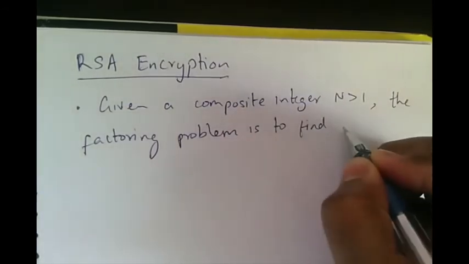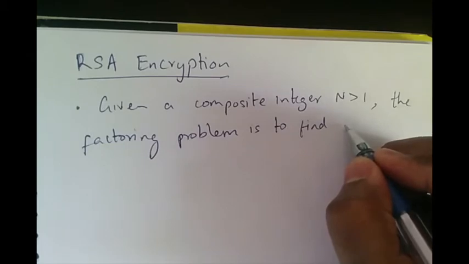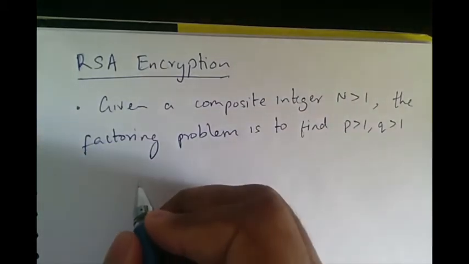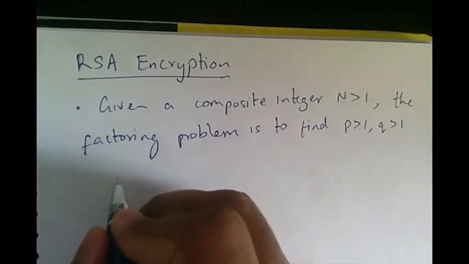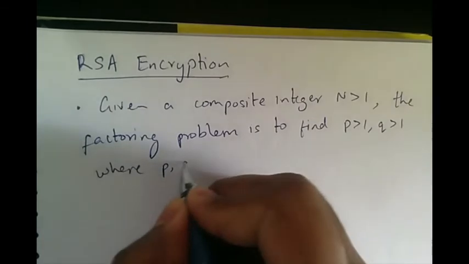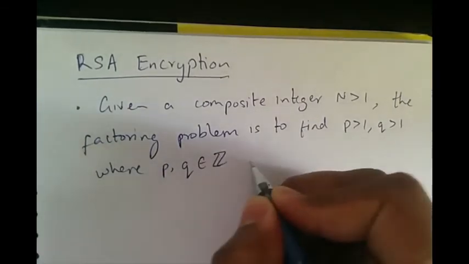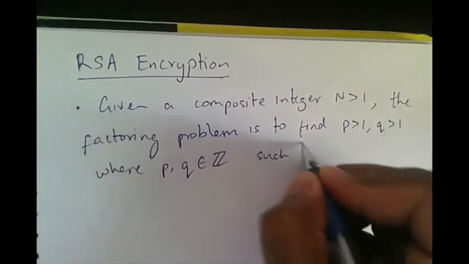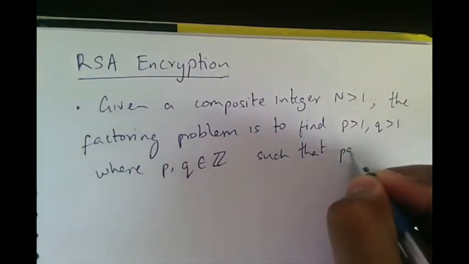Both of them need to be integers such that p times q is n.